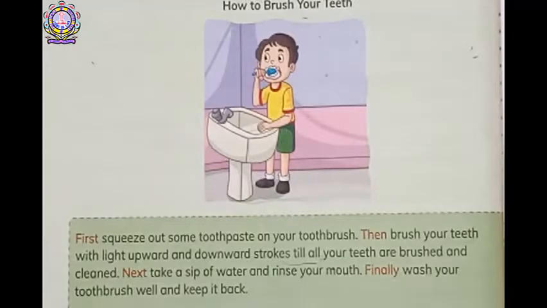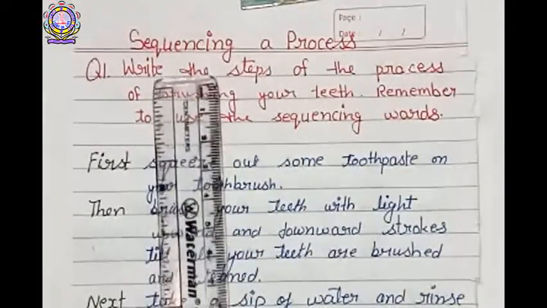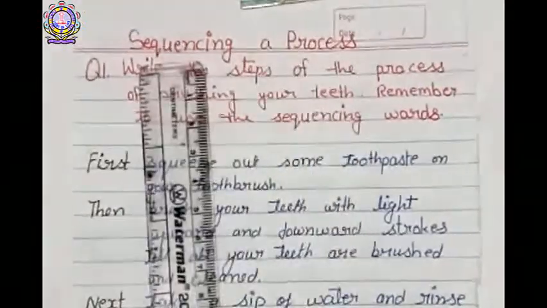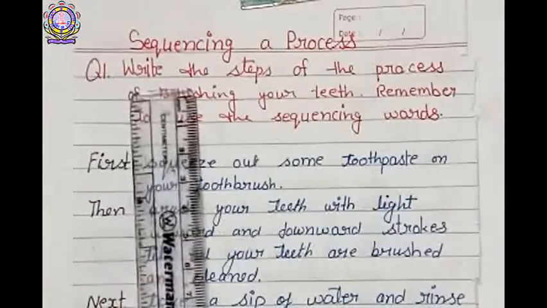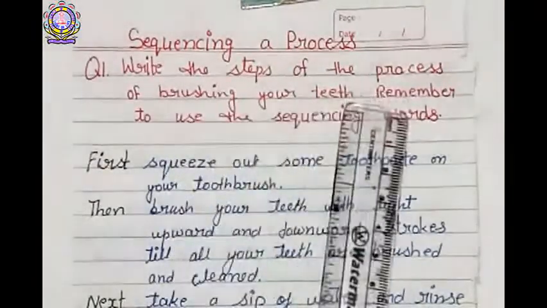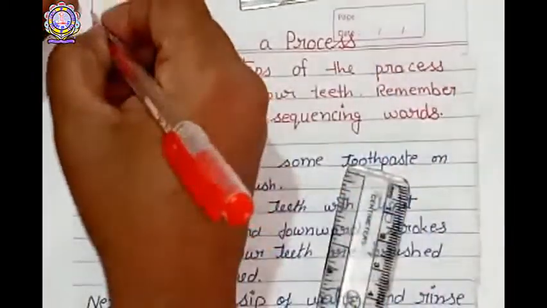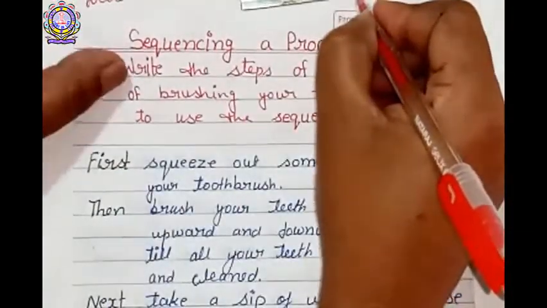Okay students, let me show you. Now students, look, sequencing a process. Question number 1. So there are 2 questions I am giving you. Okay, one in classwork, this one is your classwork. So you can write date, classwork.